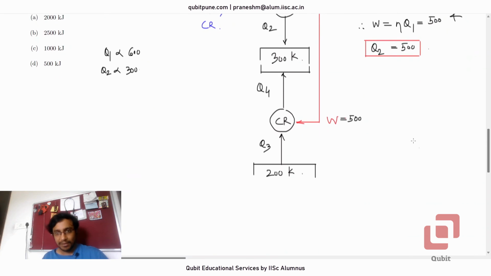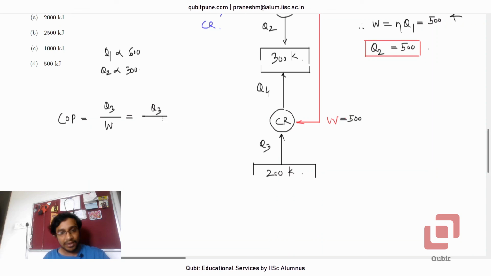Now what is the formula for coefficient of performance for a Carnot refrigerator? Coefficient of performance is what you get upon what you supply, so that's W. Using the same formula here, Q3 is what we want and W is what we have given.